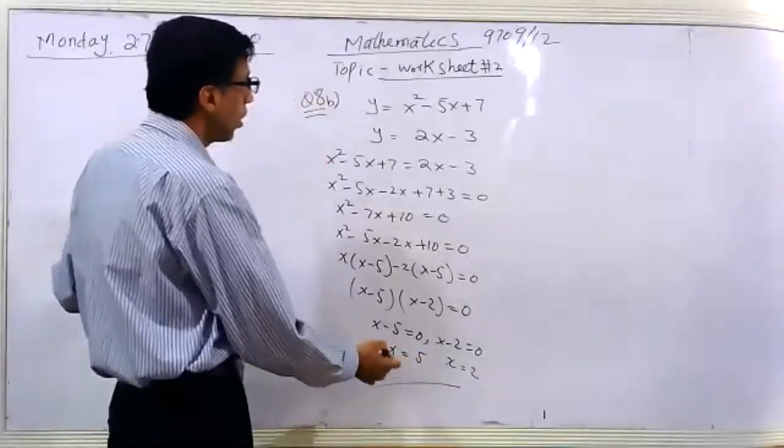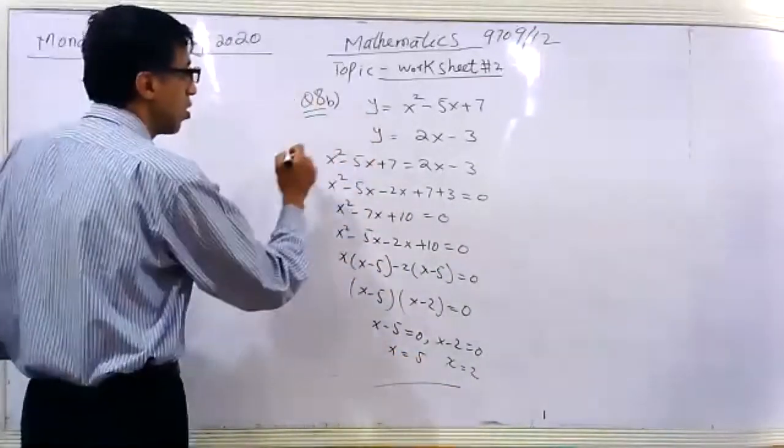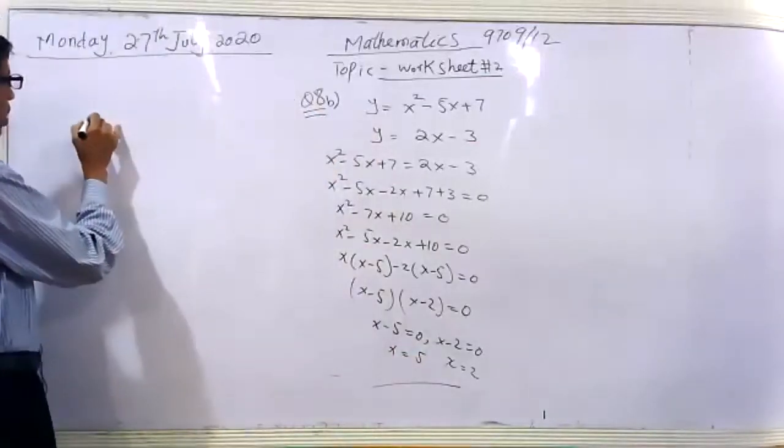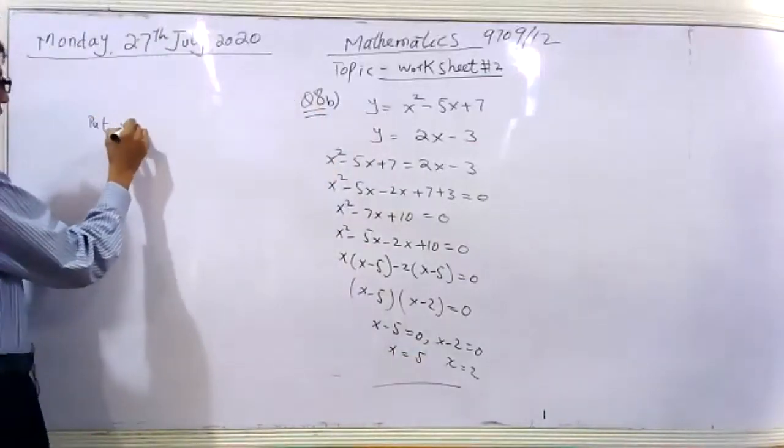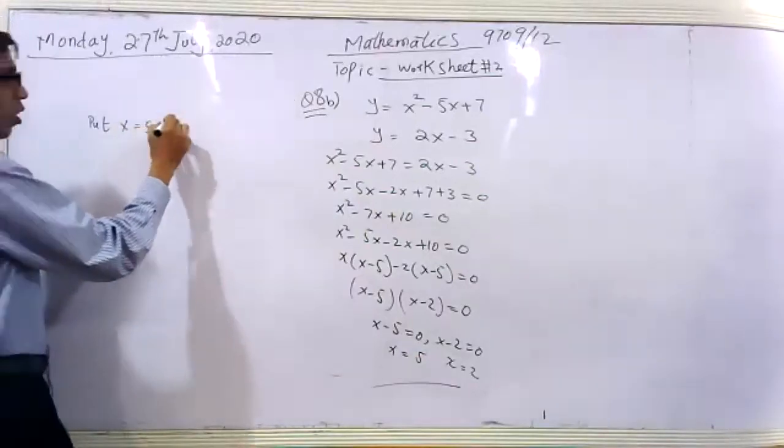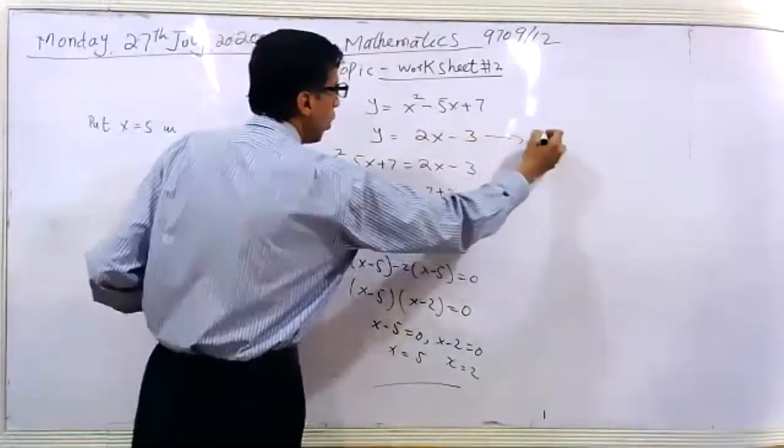Now turn by turn, you have to put these values in the equation y equals 2x minus 3. Put x equals 5, make it equation number 1.